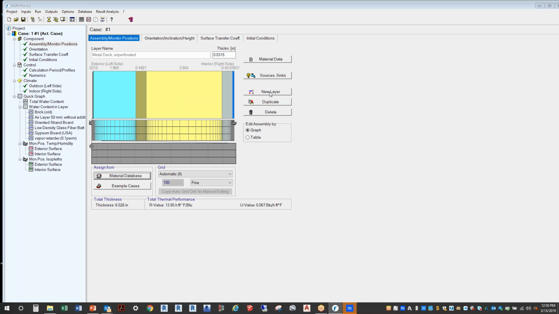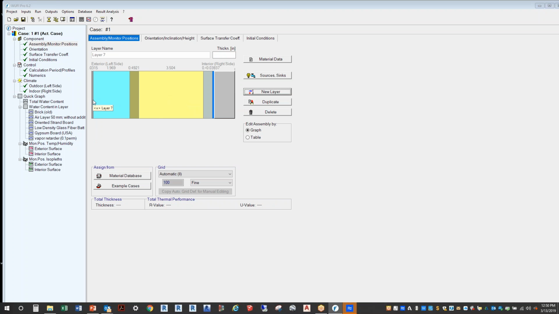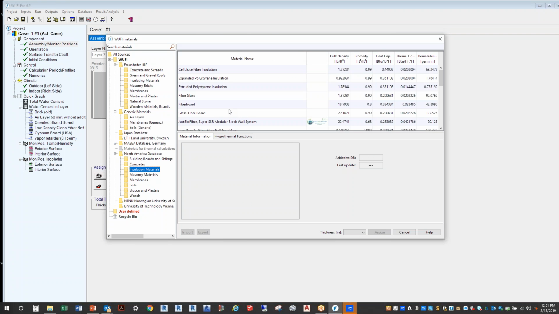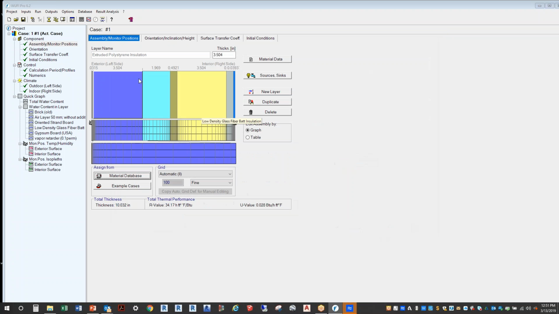Let me add a new layer. I want to put it over here. And there, we're going to make that insulation. I'm going to use the extruded polystyrene. We'll assign that, and we'll make it an inch.